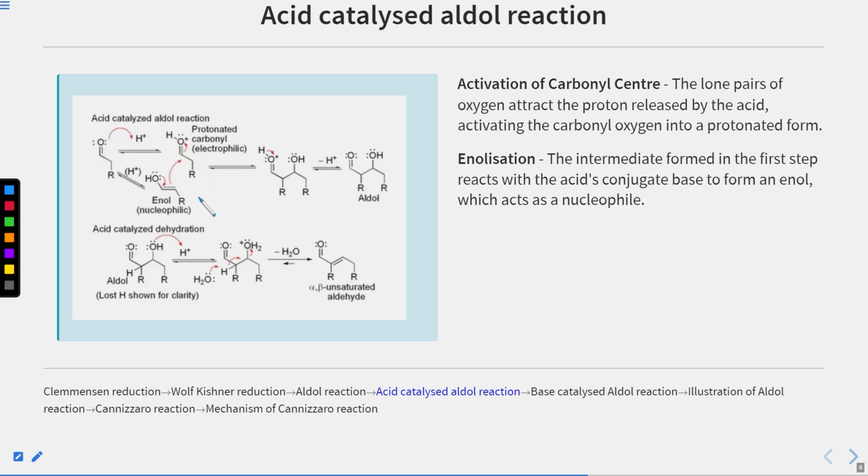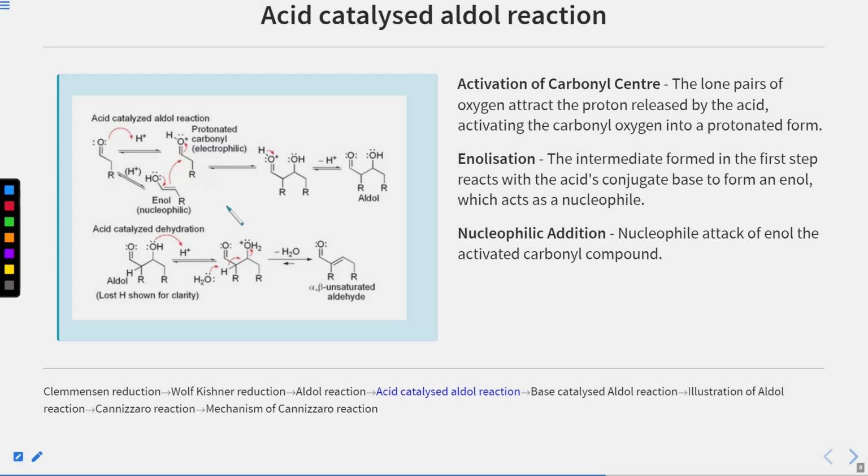Now in the next step, this enol is attacking this carbonyl center. Oxygen has a lone pair, so this lone pair will move here and the pi bond will attack another protonated carbonyl. When protonation occurs, it is not that only one molecule is protonated. Many other molecules can be protonated.